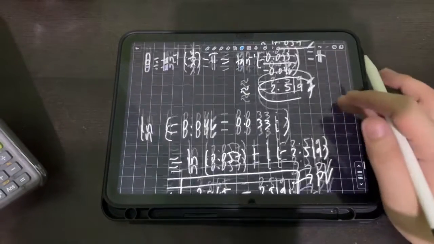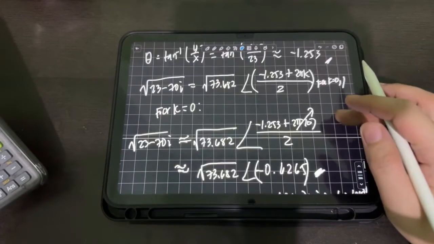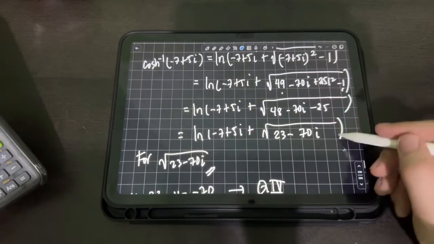Therefore, you will substitute this second value of square root in this formula again.